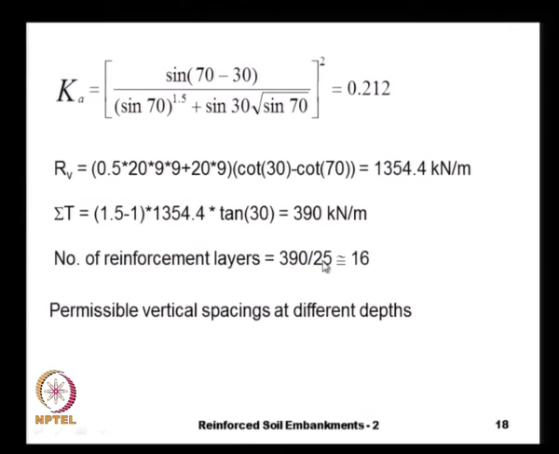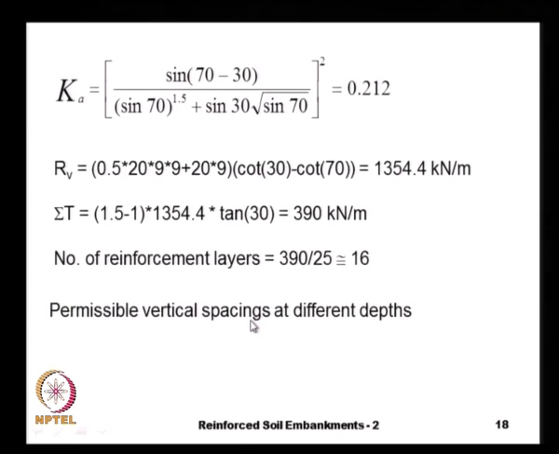Our 25 is the long term allowable design strength, and this should include the construction induced damage, biological induced damage, chemical degradation, and the creep reduction factor, as we have discussed in earlier lectures. So the total reinforcement force required is 390, and the number of reinforcement layers is 16.